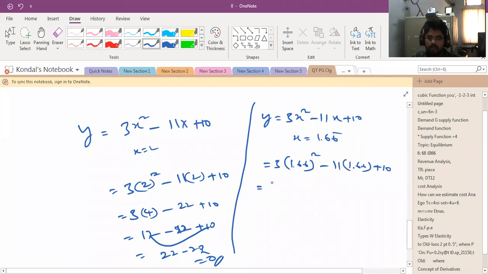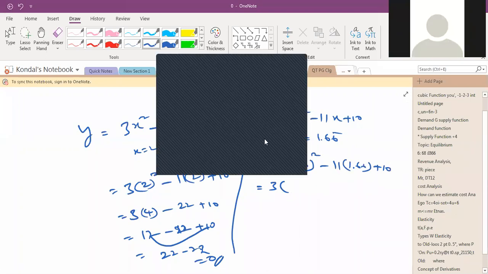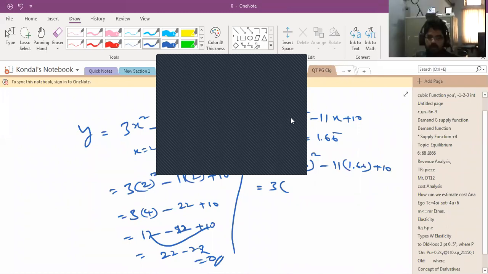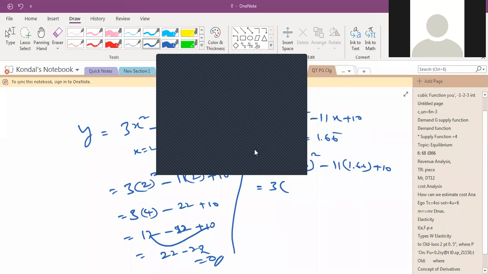So 1.66 into 1.66, how much will you get? Can anybody do it?